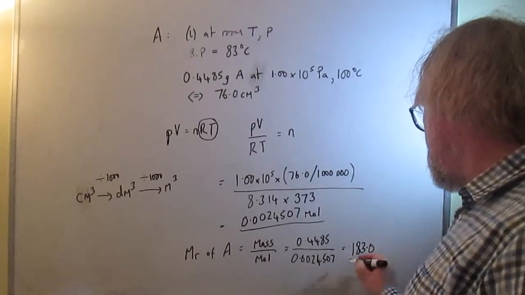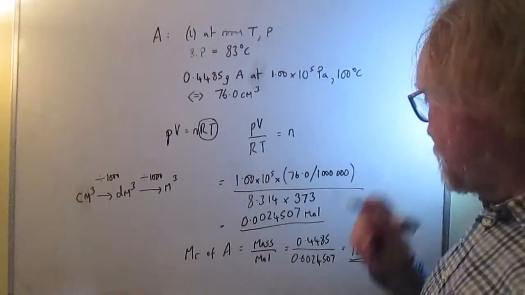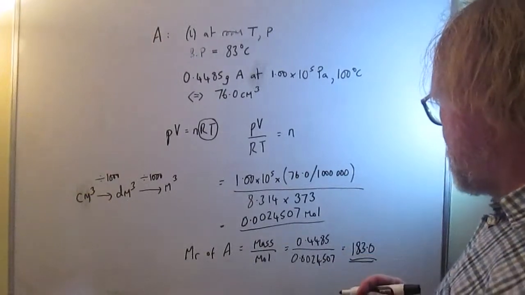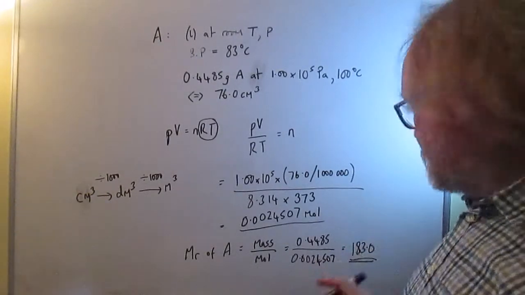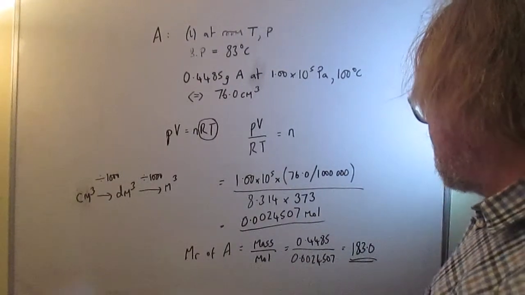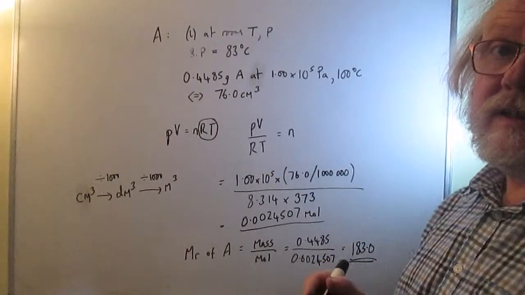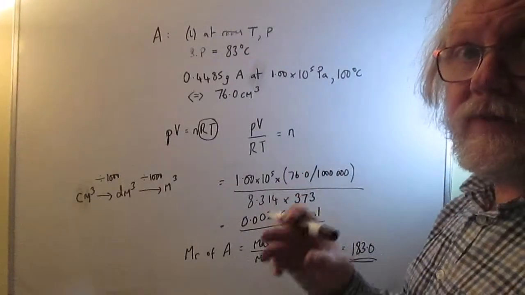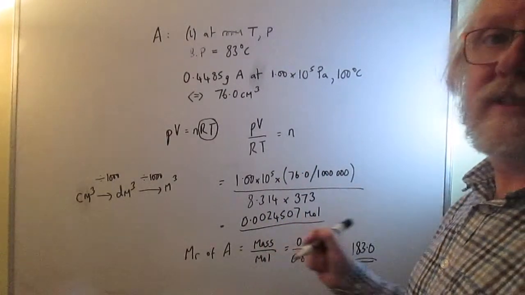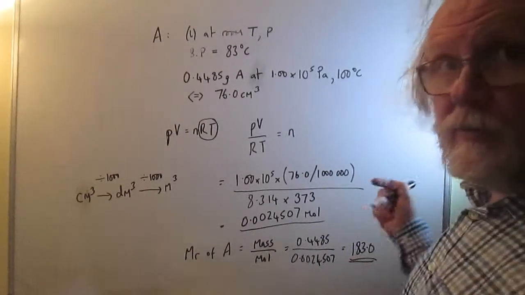Okay, so now we know the Mr. And the final thing is that it's an oxide of chlorine, so we have to figure out how many chlorines and how many oxygens will add up to 183. So you've just got to do a bit of trial and error here. The first thing is that it's a whole number, and the atomic mass of chlorine is 35.5, so that tells you you've got to have an even number of chlorines, because otherwise you would get a 0.5 in that.